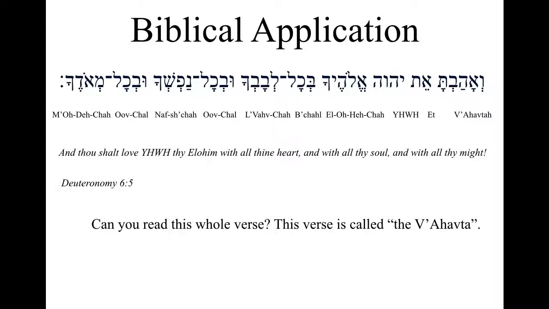So we have our final biblical application, which is Deuteronomy chapter 6, verse 5. We call this verse the Ve'ahavta, and we can see why, because the first word of this verse is Ve'ahavta. So this says Ve'ahavta et Yahweh Elohecha b'chol levavecha uv'chol nafshecha uv'chol me'odecha.